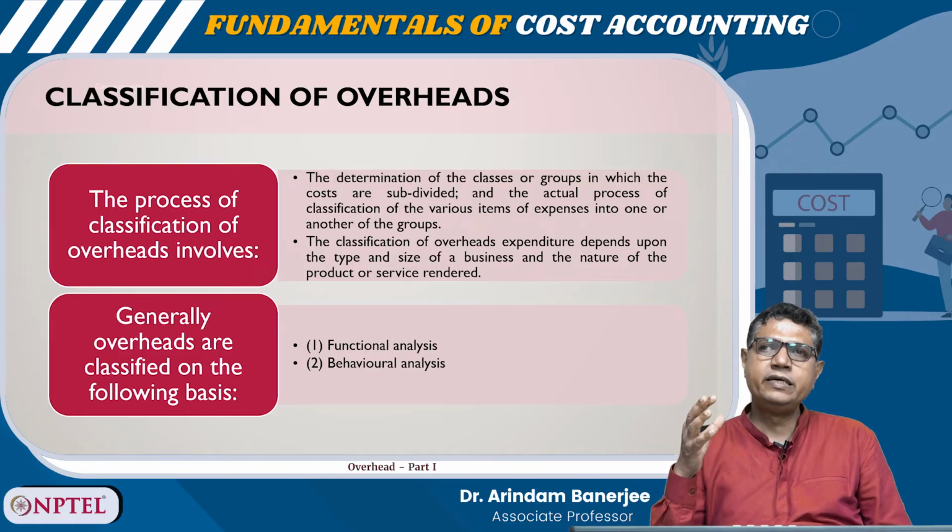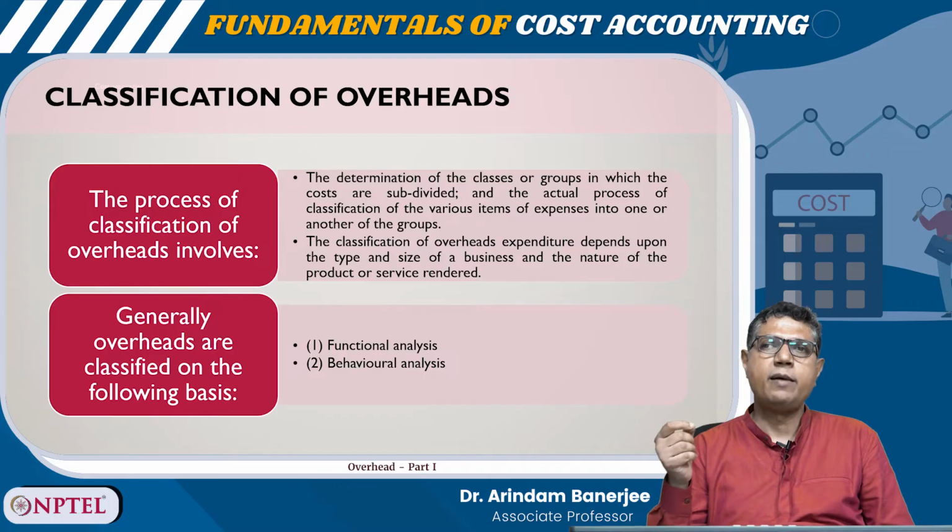So, I am just doing a quick recapitulation. Overhead is the sum of all the indirect expenses: indirect material plus indirect labor plus indirect expenses. And as we cannot link these overheads directly with the final product, they need to be allocated and apportioned. If it is directly allocated, department wise or unit wise, this is fine, but if it is not possible, then we do the apportionment.